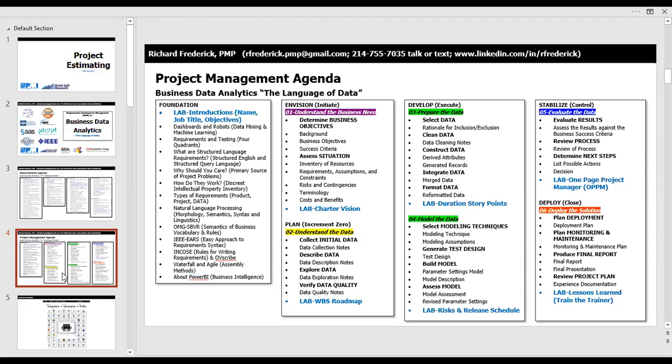However, what makes this particular project management class unique is that it is focused solely on data projects, and the format is from the cross-industry standard process for data mining and machine learning, which is very old. It's not a new concept. It's been around since the mid-90s. Today, the IIBA calls it business data analytics. So I call it business data analytics because that's what they call it.